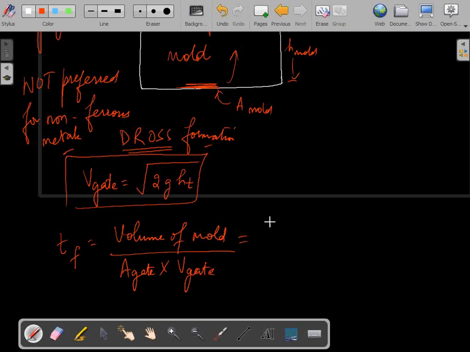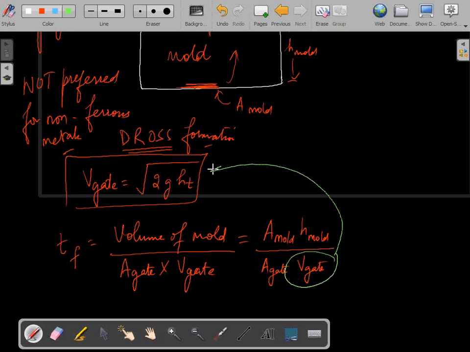So the volume of mold is area of mold into height of mold divided by area of gate into velocity of gate. The only thing that you need to calculate is velocity of gate, whose value is root 2 g ht. So this is what you get from top gate.